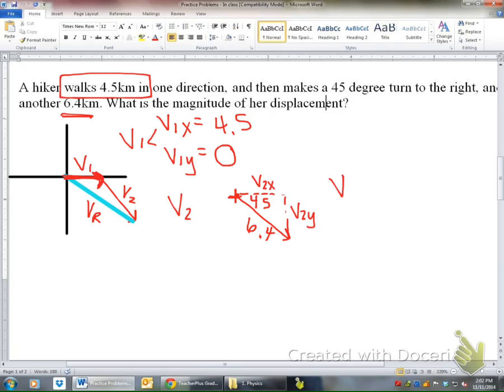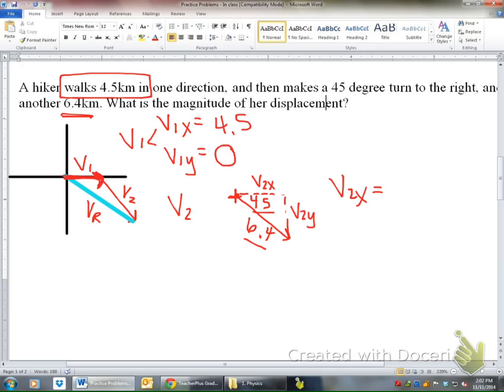So to solve for v sub 2x, what trig function should we use? We have our angle and we have our hypotenuse. Cosine. Our cosine is the 45.